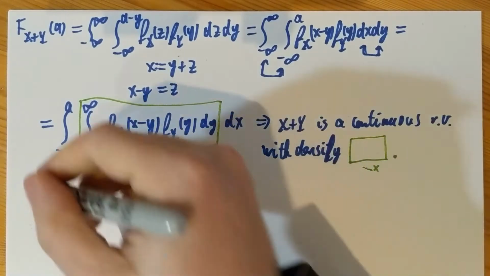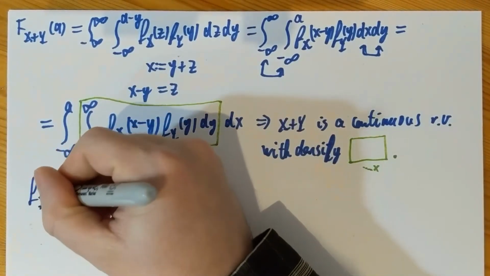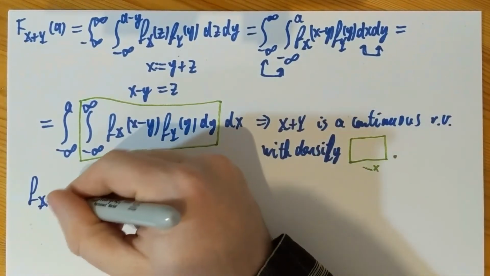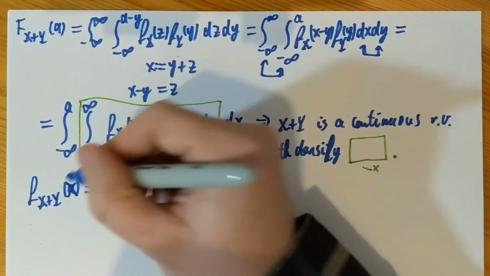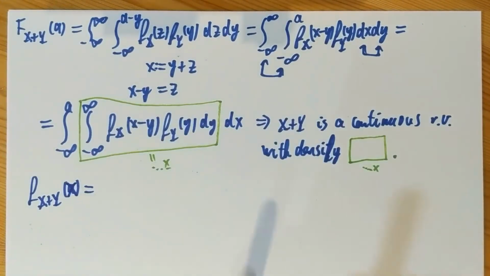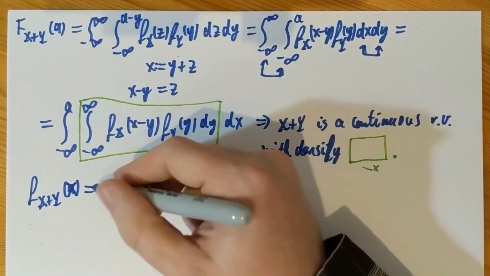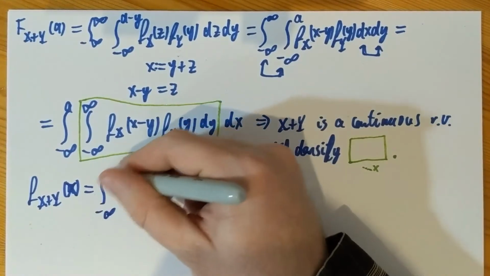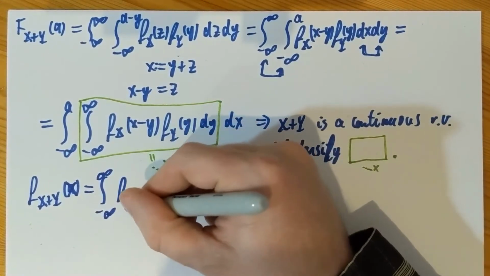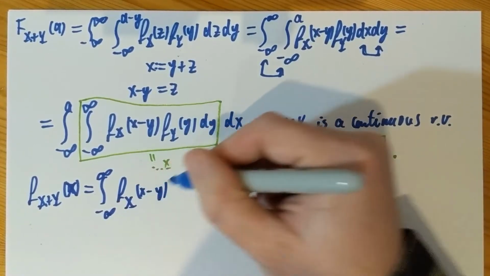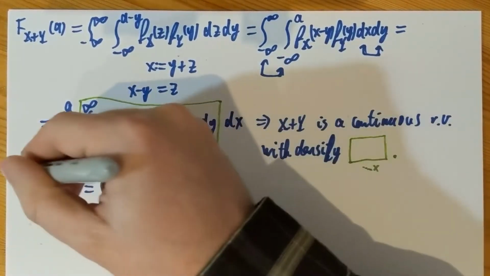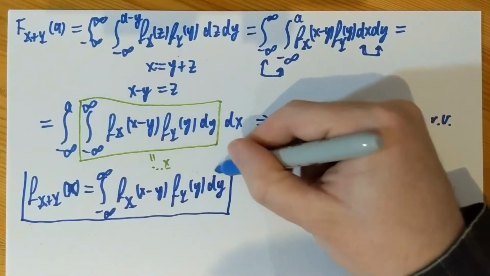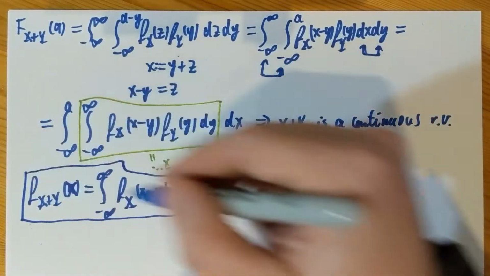So it follows that f of X plus Y at a, or at x, let's use x here, is exactly that thing in the box. It's exactly the integral from minus infinity to infinity, f of X at x minus y, f of Y at y, dy. And this is the convolution of density functions.